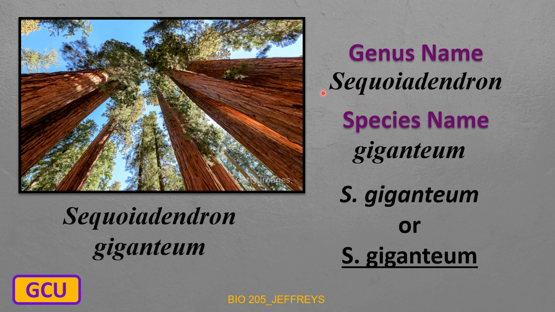Genus name is Sequoiadendron. Species name is giganteum, and now you know why we like to abbreviate the genus name, Sequoiadendron, as S. giganteum. This is in italics, or you can write it in standard text and underline S. giganteum.